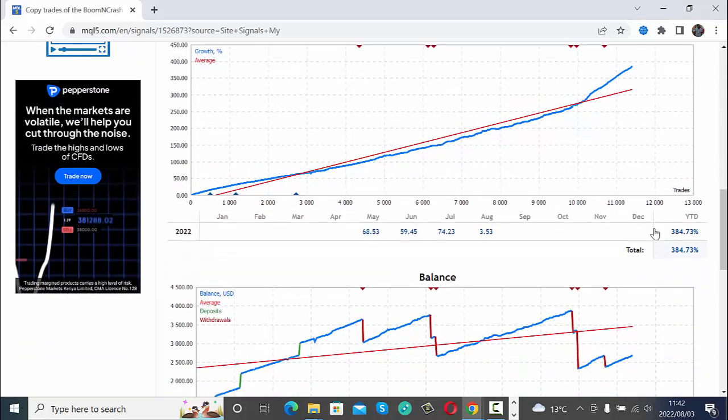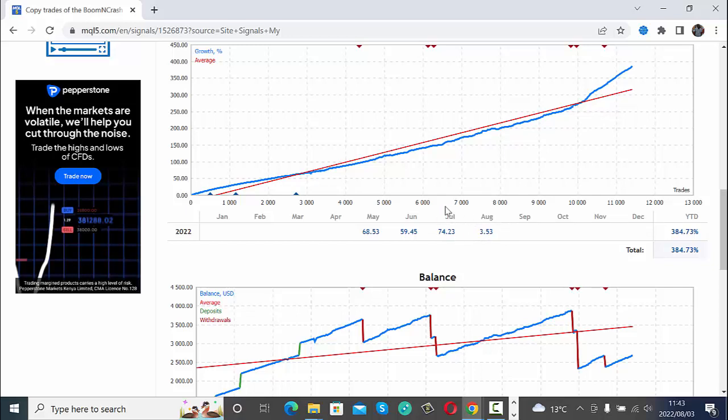You can see I don't need to run after markets because I'm greedy to look for money. May 68%, June 59%, July 74%, August, today is August what? August 3rd, and I've already done 3.53.